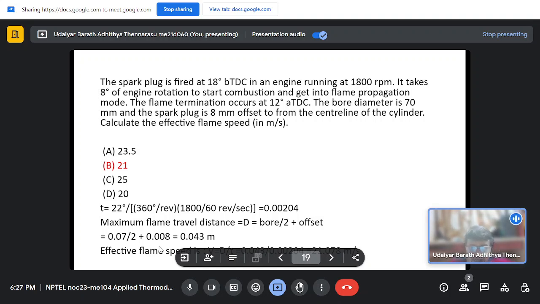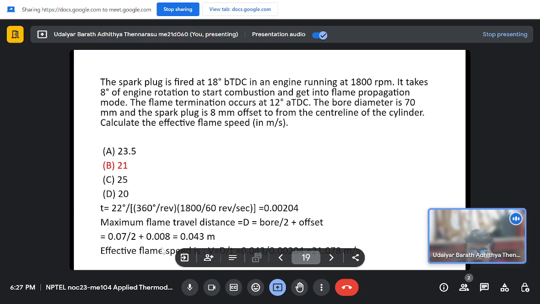The time taken for combustion is 22 degrees divided by 360 degrees, because crank rotation is 360 degrees, in which 22 degrees is the combustion time in terms of crank angle. That is divided by the rotation speed, where we convert 1800 rpm to revolutions per second, so 1800 divided by 60.